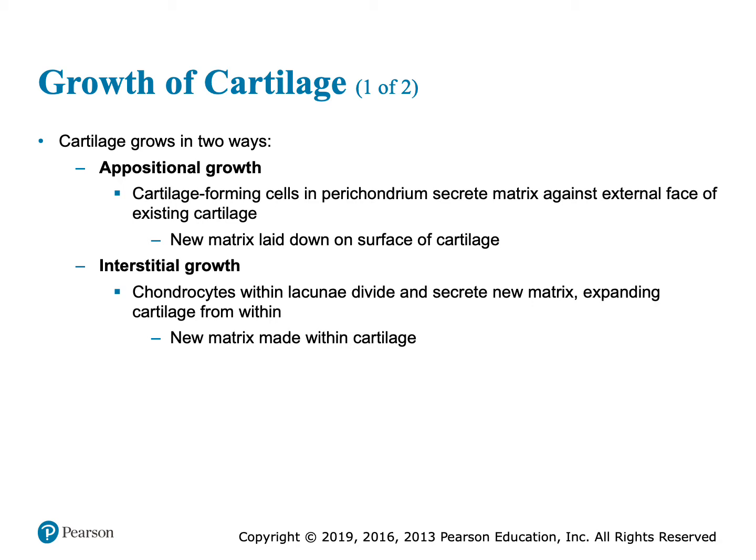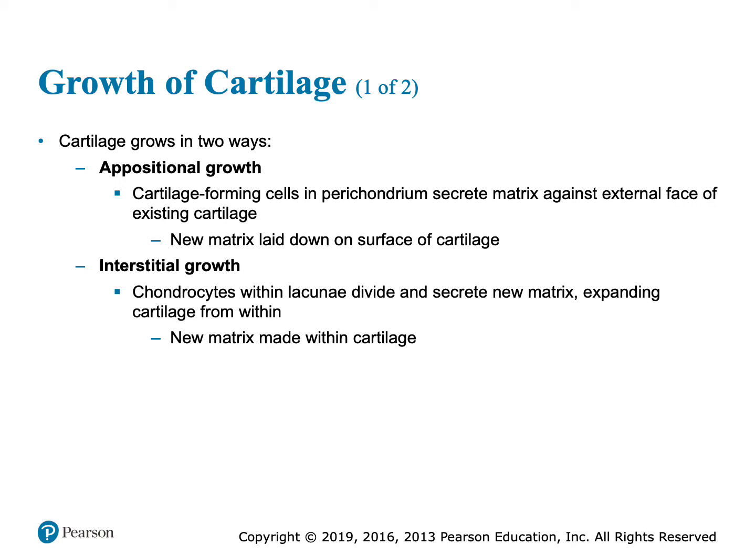Okay, I'm going to touch on this a little bit more in bone growth, but repetition is key to learning. Cartilage grows in a very similar way in that if it's going to grow in width, that's going to be appositional cartilage, and we're going to have where the perichondrium is laying down cartilage on the outside, making that cartilage surface wider.